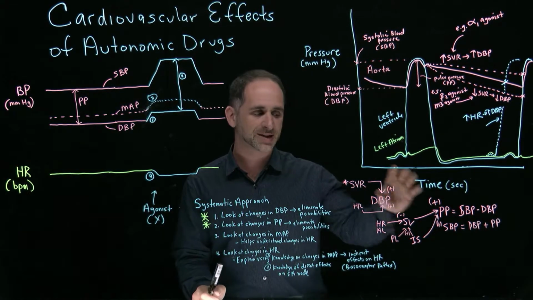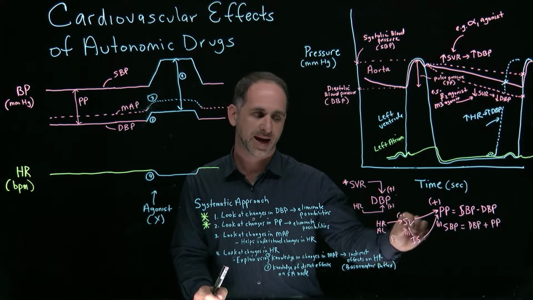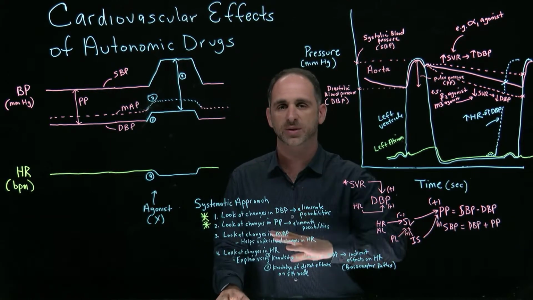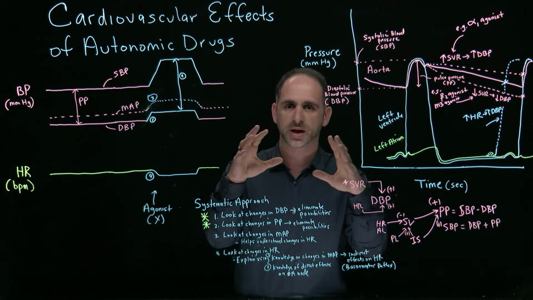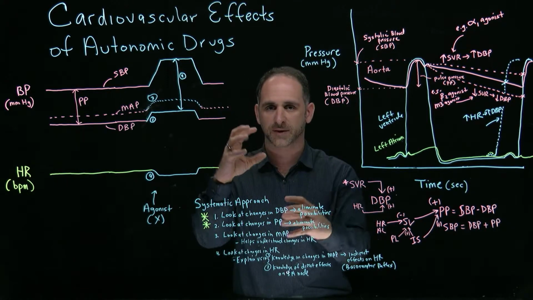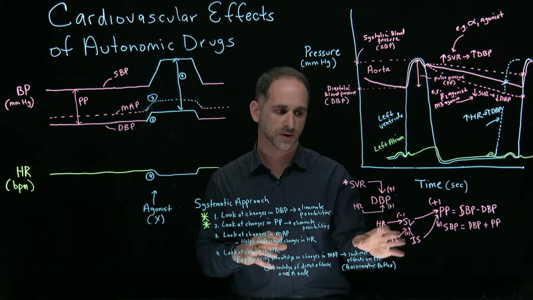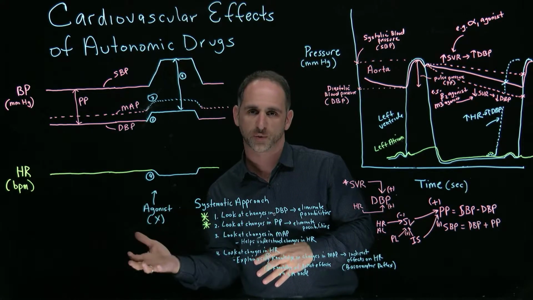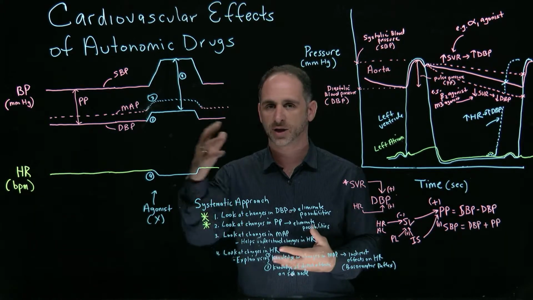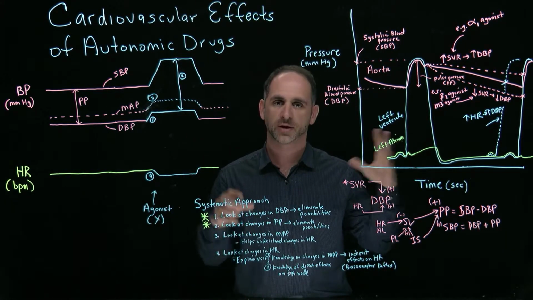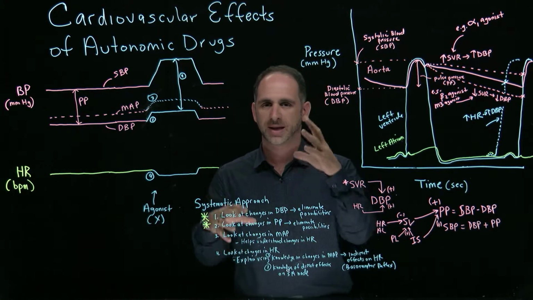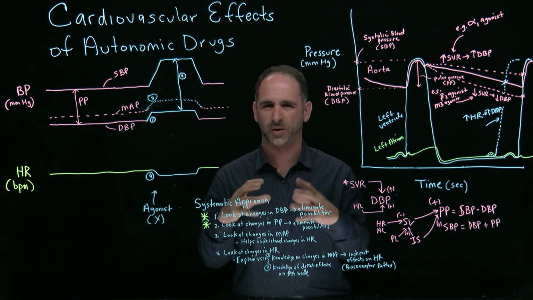So because stroke volume has various inputs, when we're dealing with some of our drugs, these drugs that we're going to be discussing can have opposing effects on stroke volume, where they're affecting, for example, afterload in one way and preload in another, and inotropic state in another. So when all those things are impinging on stroke volume, they tend to cancel out or mitigate each other.